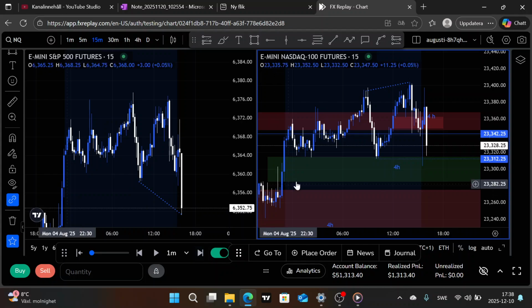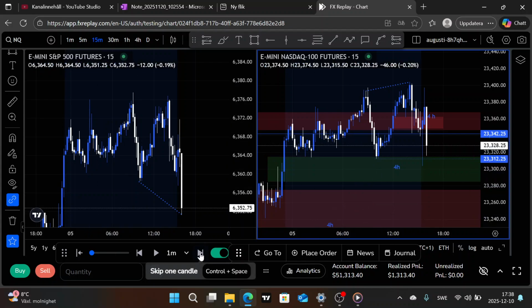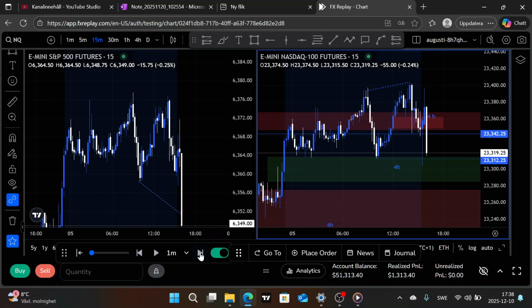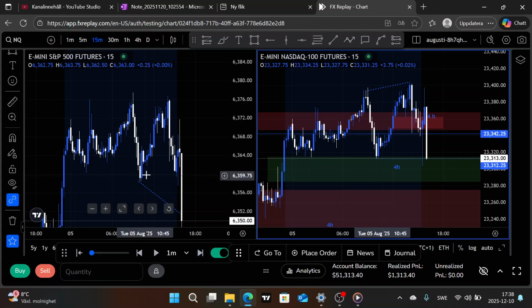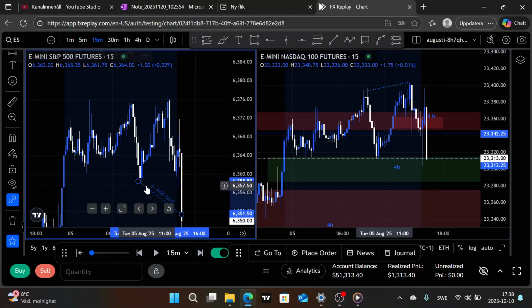Maybe NQ does sweep this low and we don't have an SMT anymore. Now we sweep this low, so we don't have an SMT anymore.